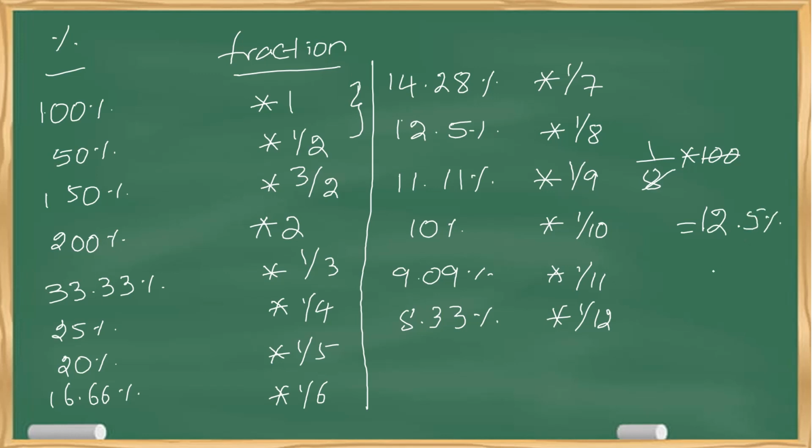So this is converted into percentage. Are you able to understand here? So these are the basic numbers. And the other important values are 5%, that is equal to 1 by 20, and 4%, 1 by 25. Clear?